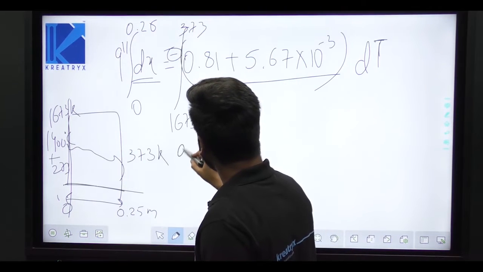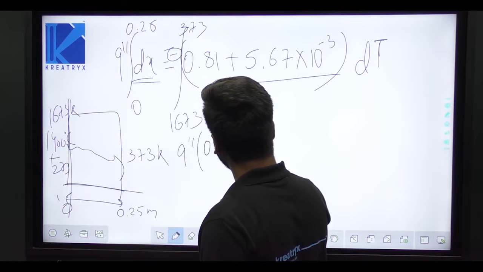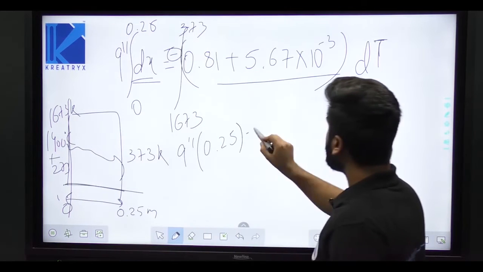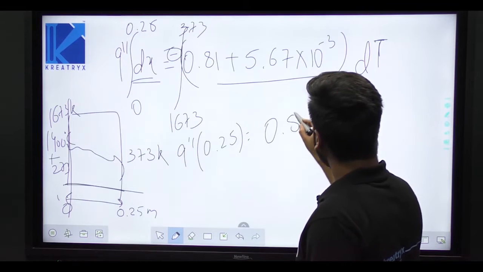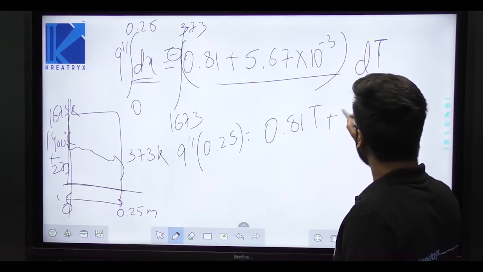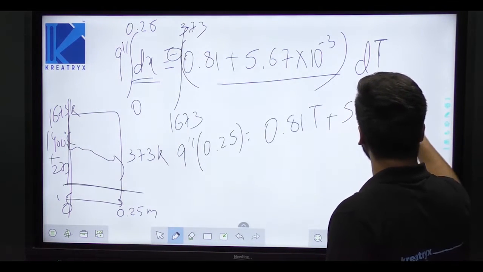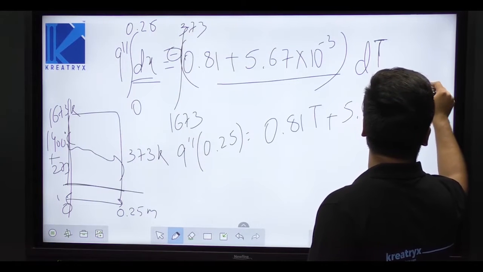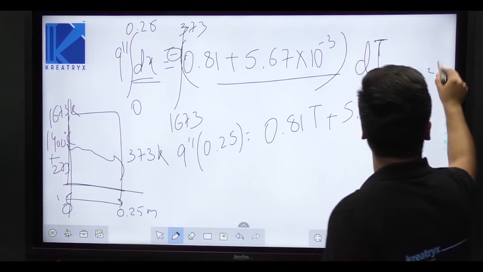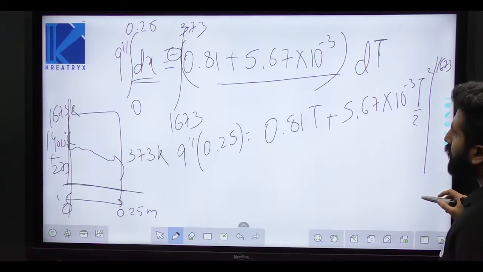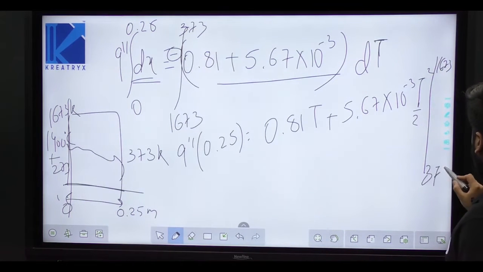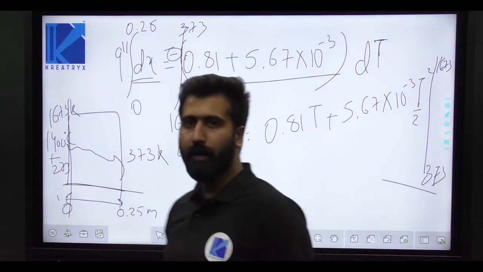So you'll be getting Q double dash times 0.25 is equal to, directly interchanging the limits, 0.81 T plus 5.67 into 10 raised to power minus 3 T square by 2, with the upper limit 1673 and the lower limit 373. So solve it.